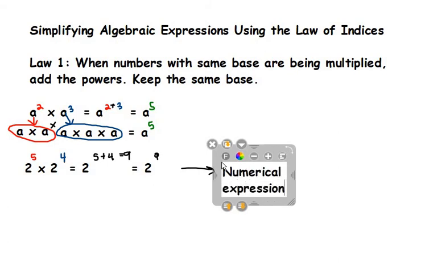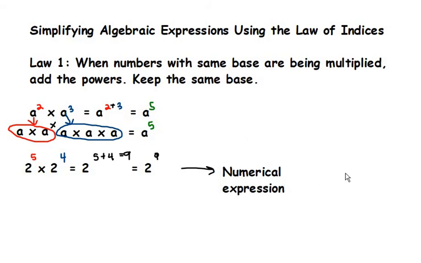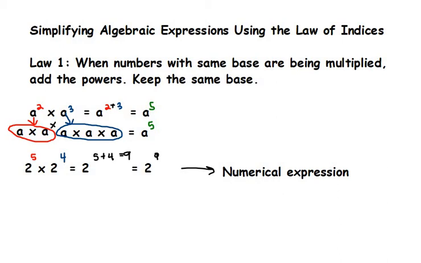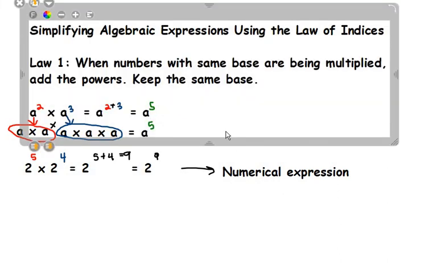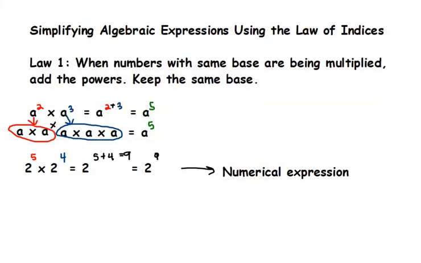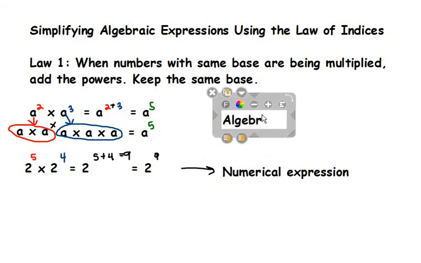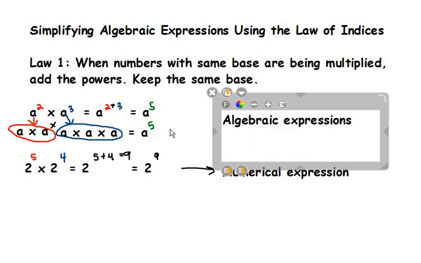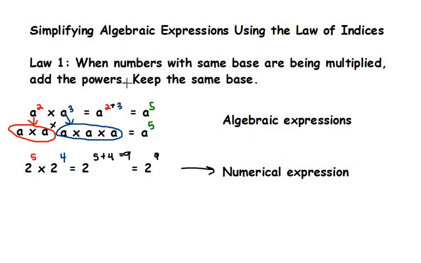And this one, the first example, is an example of an algebraic expression since it has variables. Whether it's algebraic expressions or numerical expressions, there are some common misconceptions that you have to keep in mind and ensure that you don't make the same mistake.